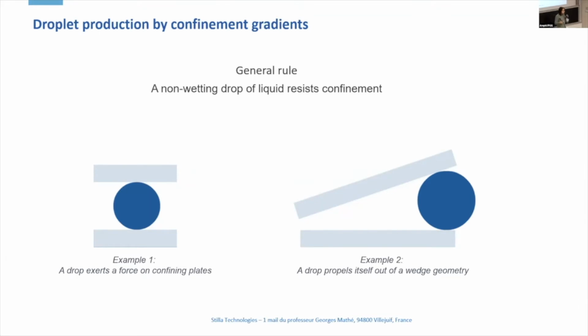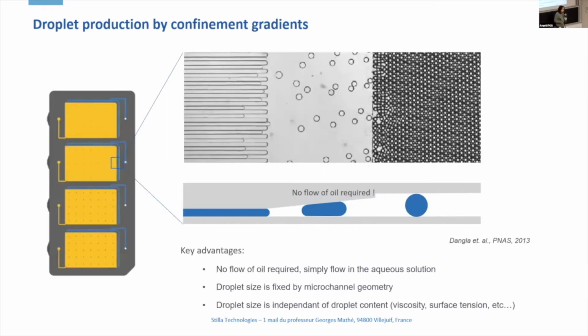Now, if I do the same, but on a wedge geometry, so imagine that I push the droplet into this wedge geometry, then it will exert a force that will make it propel outside of that geometry. And that's how it works in the Sapphire chips here.